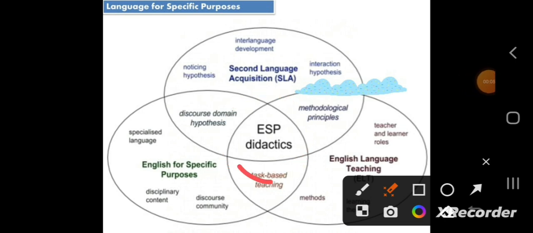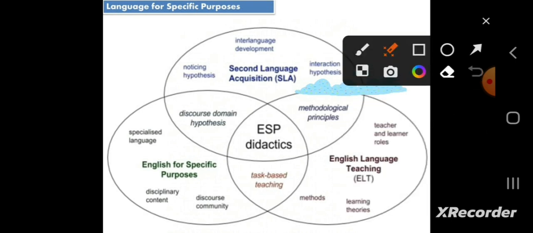ESP didactics. The teaching of English for specific purposes, focusing on language tailored to particular professional or academic needs. English for specific purposes: a branch of English language teaching that focuses on teaching English tailored to specific disciplines or professions.